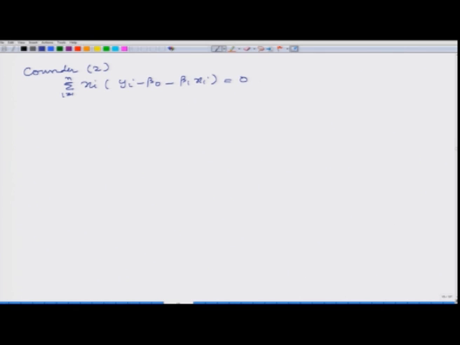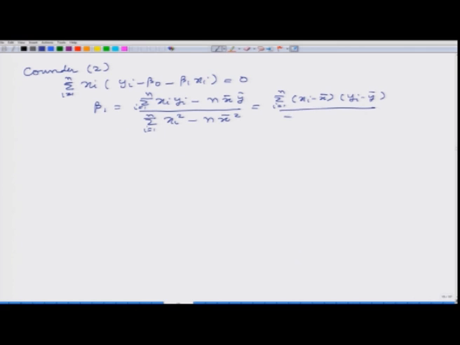Now, if you open the bracket and solve it, we get beta 1 equal to summation x i y i minus n times x bar y bar upon summation x i square minus n times x bar square, where the summation is i goes from 1 to n. If you simplify it, the numerator is summation i goes from 1 to n of x i minus x bar times y i minus y bar, and the denominator is summation of x i minus x bar whole square.